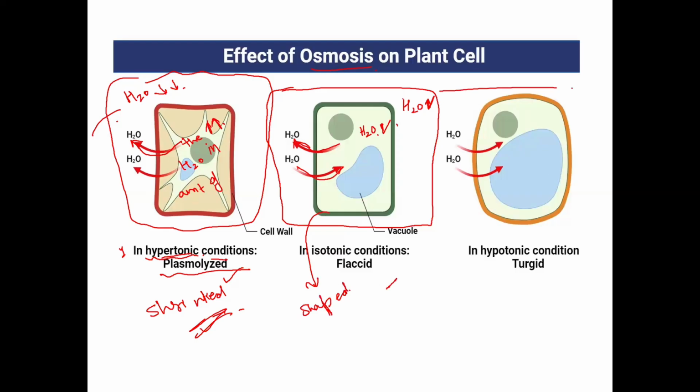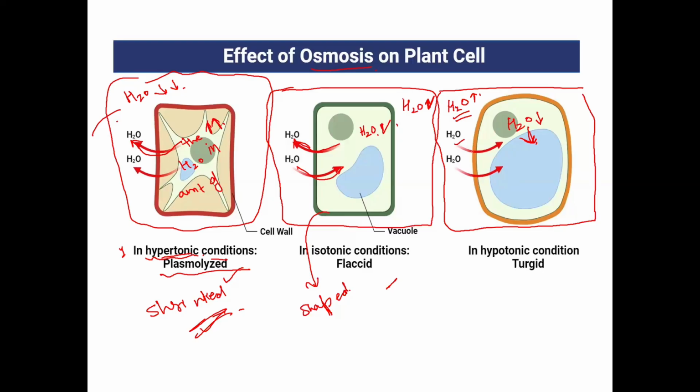On the other hand, in the last case, what happens if I dip a cell in a solution where the concentration of H2O outside the cell is very high and internally the H2O concentration is very low? If you put any kind of cell in water and leave it for some time, water automatically moves inside and the cells get swollen.